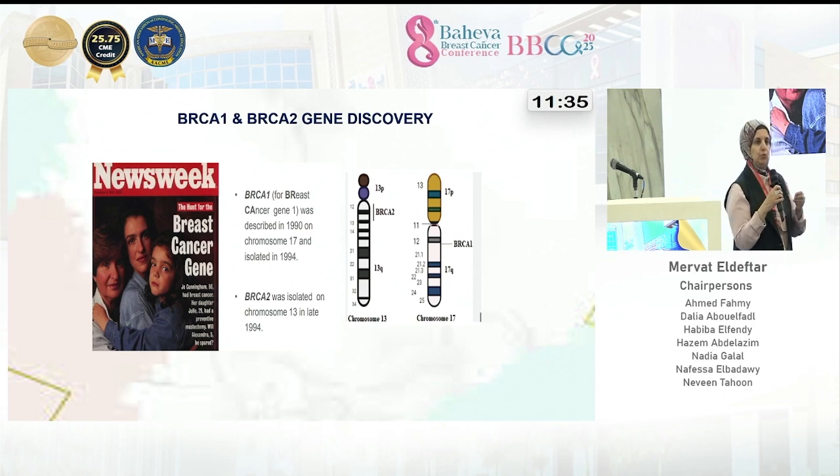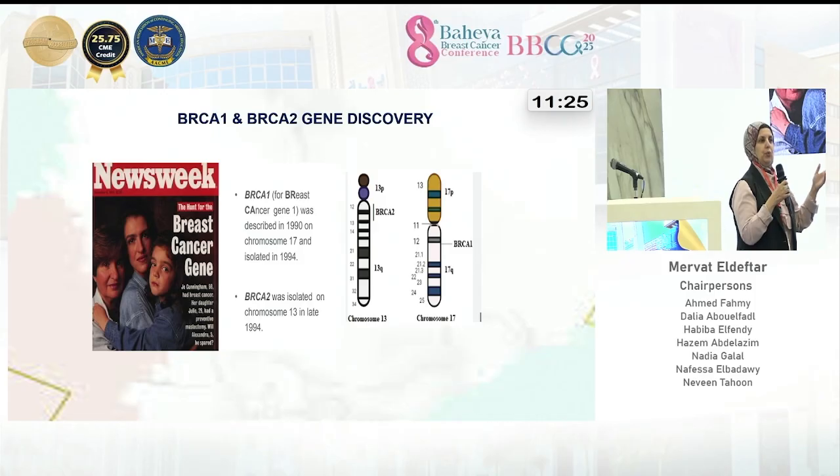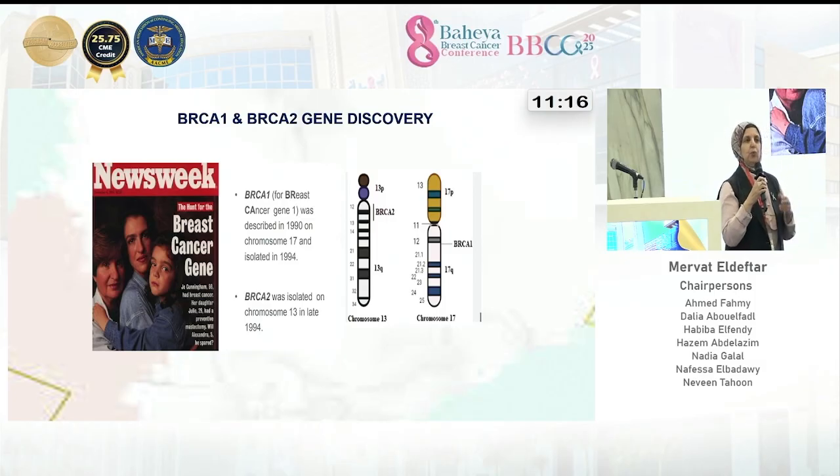Two labs worked on these patients to discover what is wrong, since it's common in her family. That led to the discovery of the breast cancer associated genes 1 and 2 in the 90s. Breast cancer 1 is found on chromosome 17, and 2 was found on chromosome 13.